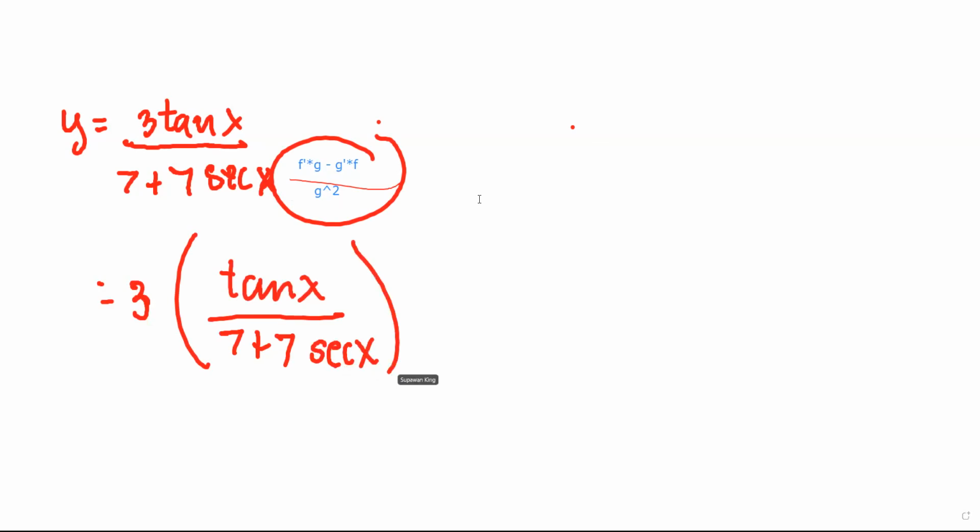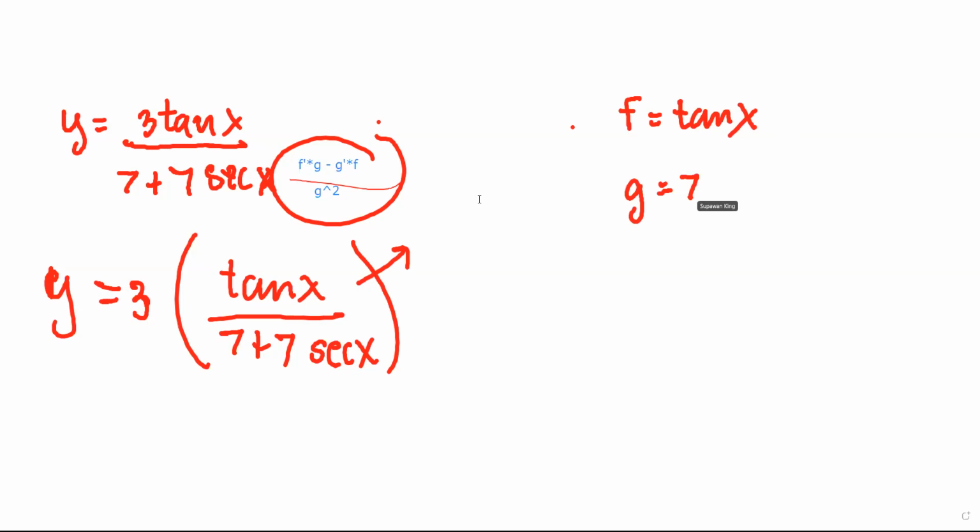And then what? So the derivative of tangent is secant squared x times 7 plus 7 secant x minus, on the side here, let me write it. So you use the function f as the tangent x, yes, and the function g as 7 plus 7 secant x.